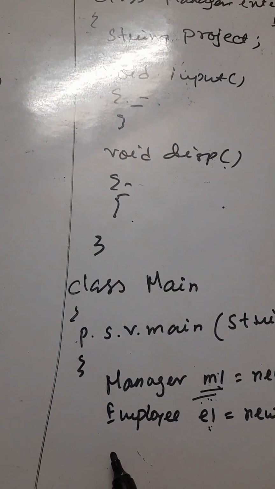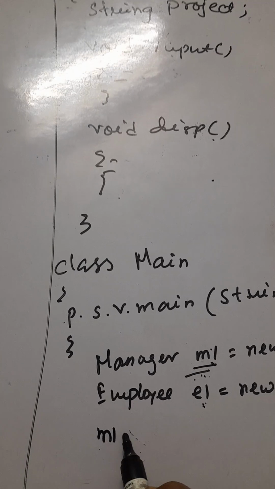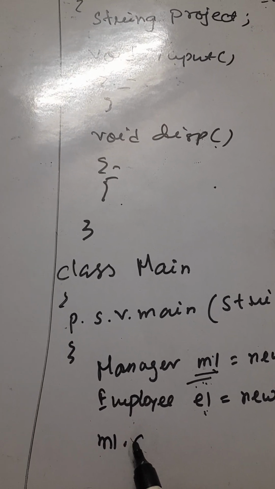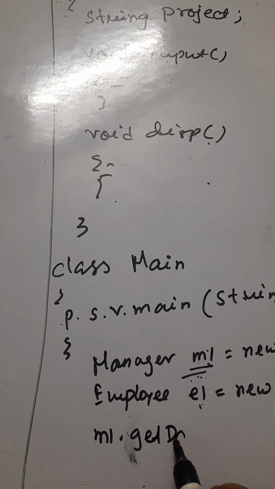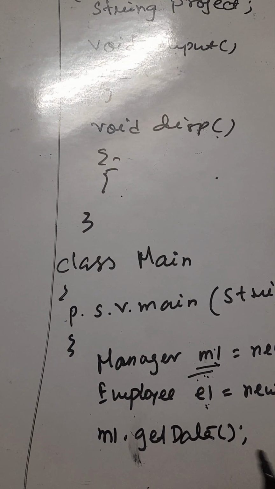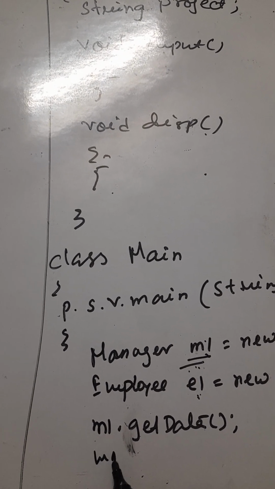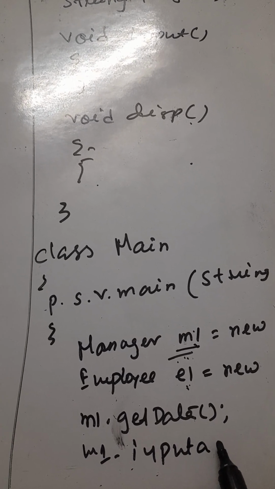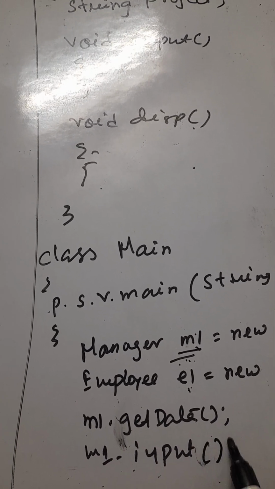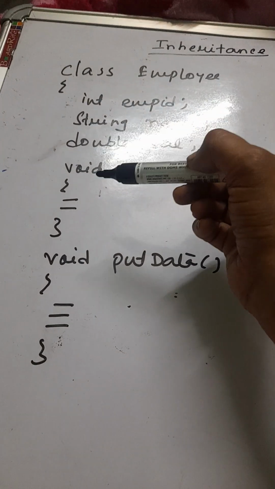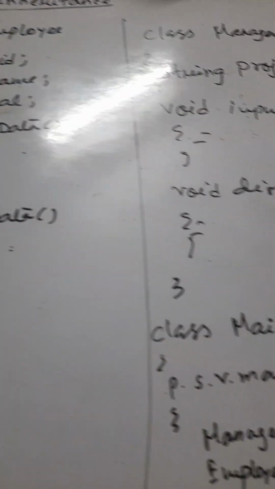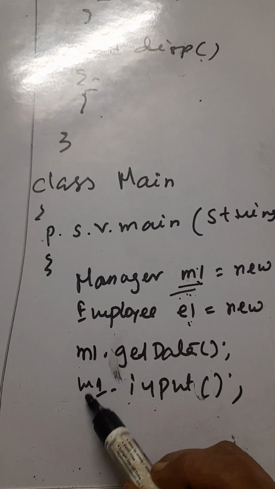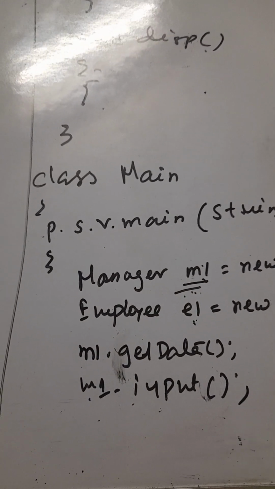Clear? So if I want to call m1.getData, getData is the method of the Employee class, so you can use it. Next, m1.input, so you can take the input from the user: your employee ID, your name and salary, as well as your project name. So this is possible with the help of the Manager class object.